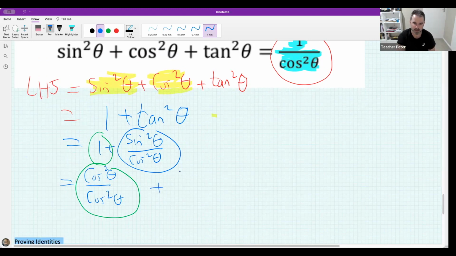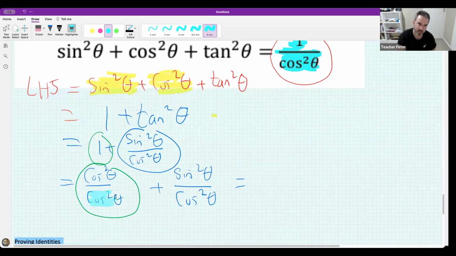Okay, you follow me on that. Now, the reason I did that was I really wanted to stick these two together. And the good news is that because the denominator here is the same as the one here, when you add two fractions with the same denominator, all you do is write down the same denominator.